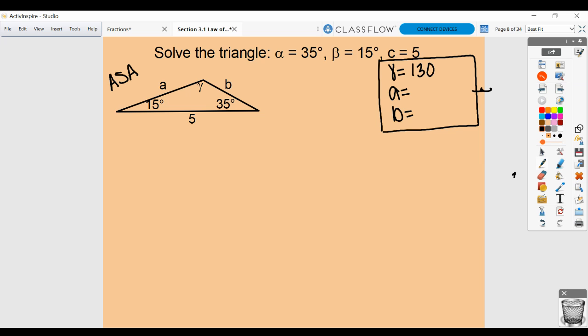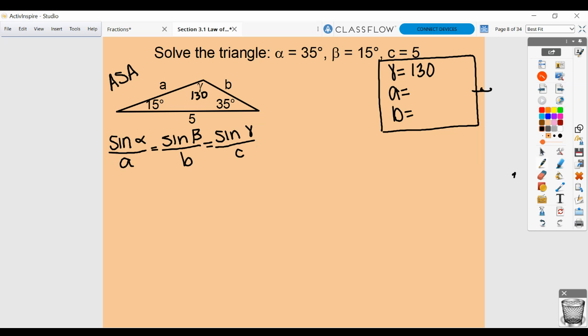Okay, so now you're going to be looking for the match. And what I mean by the match, again, is the angle and the opposite side that match together. In this case, the only one that matches together is the gamma and the C. So if I write my formula, eventually you will be able to skip writing this, but I want to make sure you see that all you're doing is matching things together.